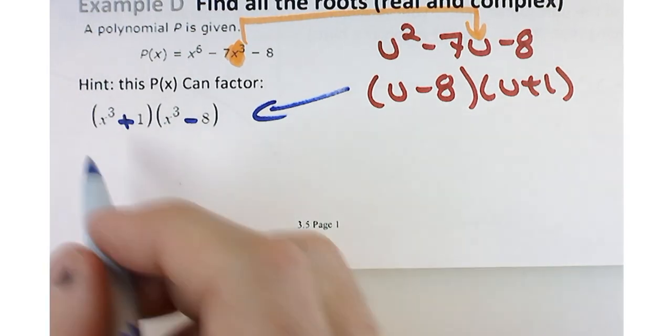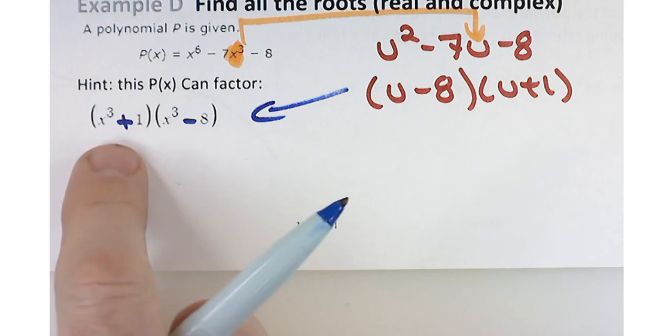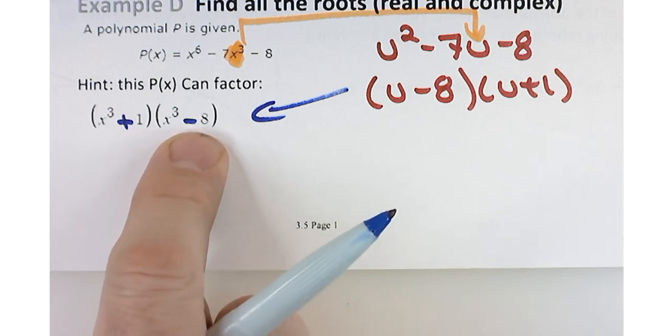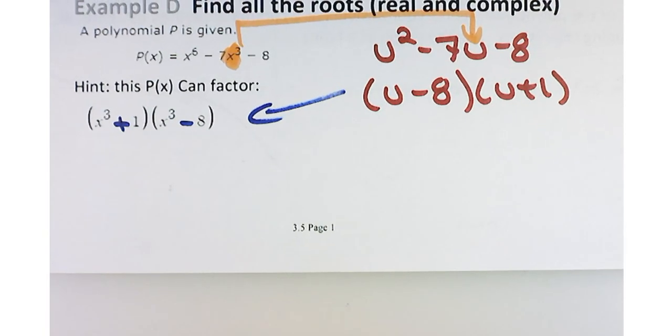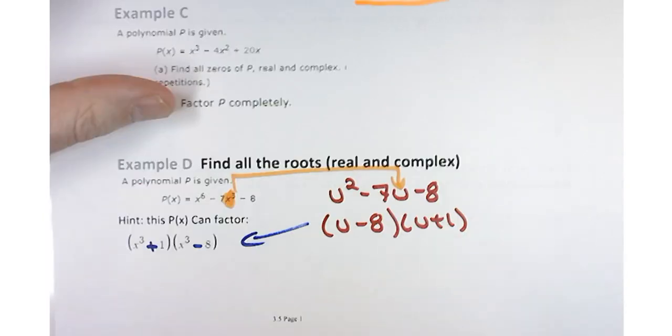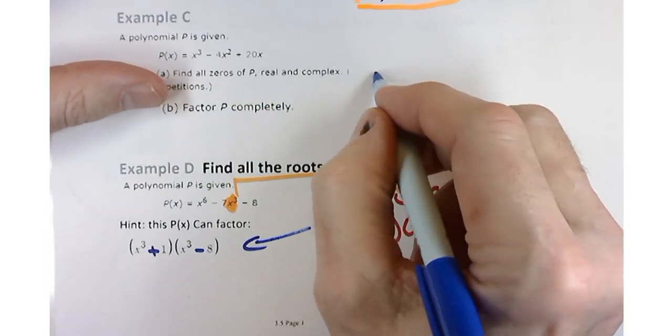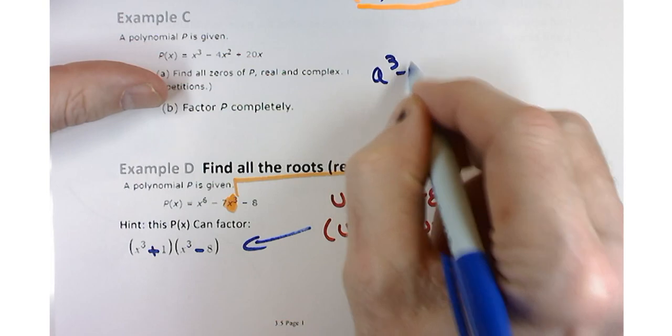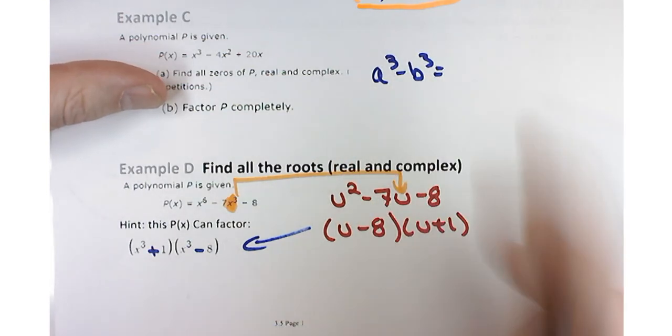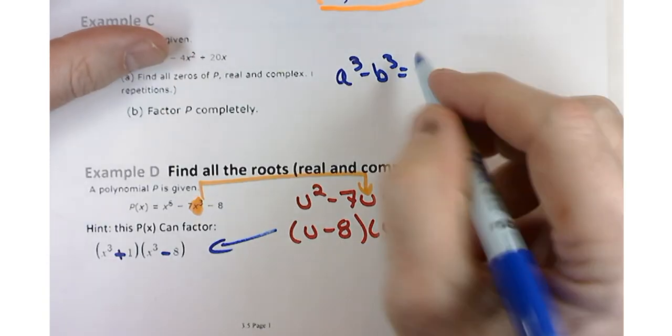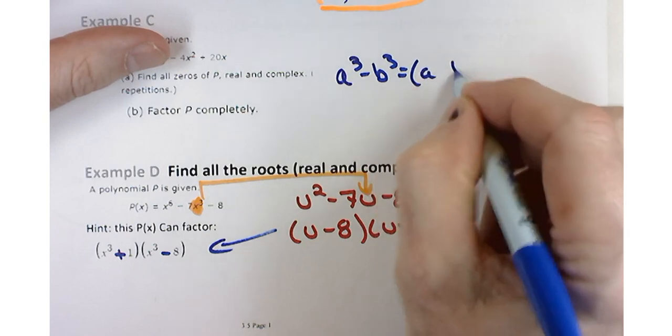So that's going to be your sum of cubes, and this is going to be your difference of cubes formula. And I know those are on the tip of your tongue, but let me just remind you what they factor like nonetheless. A cubed minus B cubed is going to be a binomial times a trinomial.